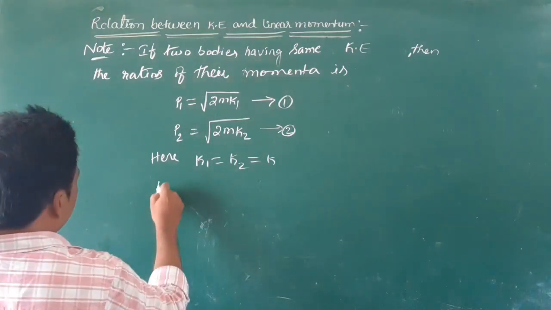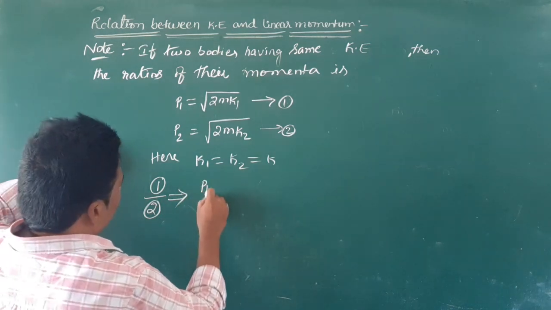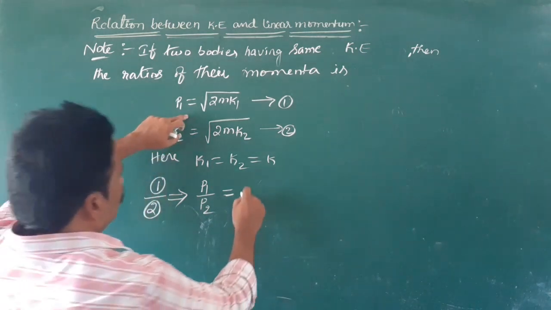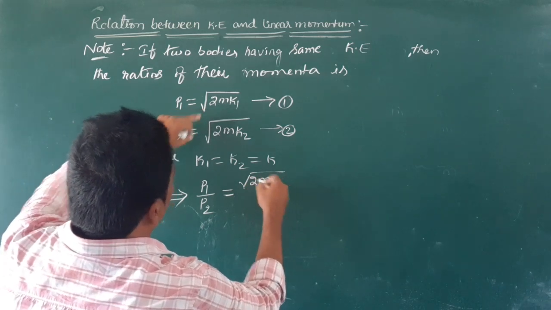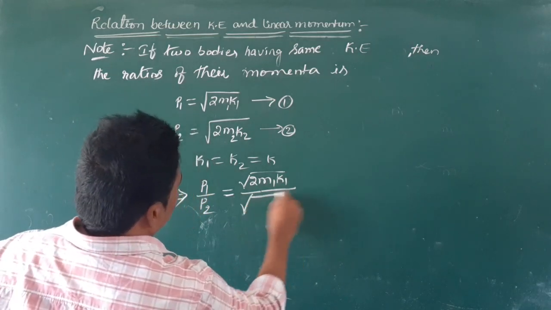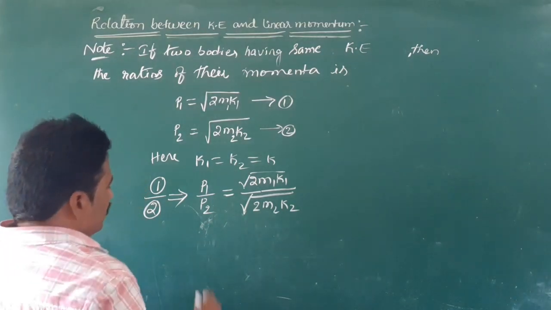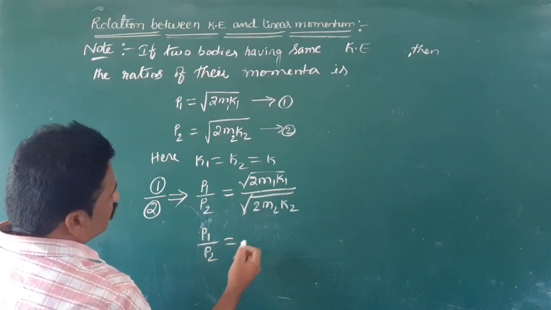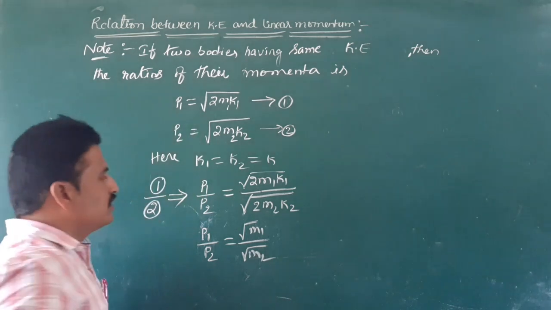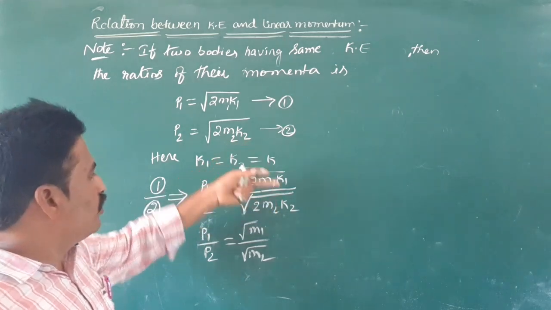Okay, students, by taking the expression 1 by 2, that implies p1 by p2 is equal to under root 2m1 K1 by 2m2 K2, students. From this, p1 by p2 is equal to root of m1 by root of m2, because the 2 gets cancelled. Similarly, the kinetic energies are equal, so they are also cancelled.